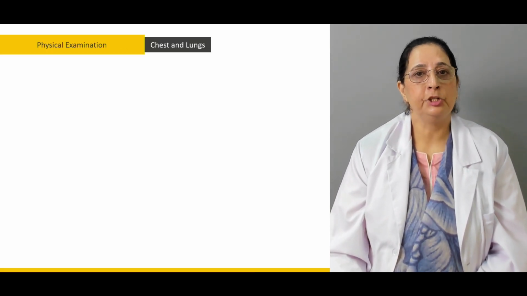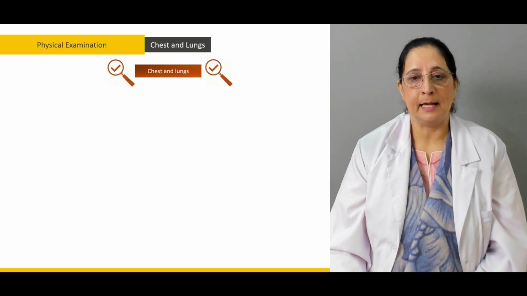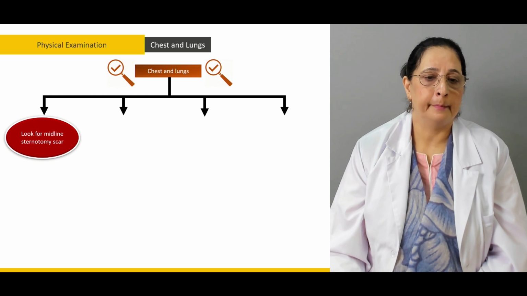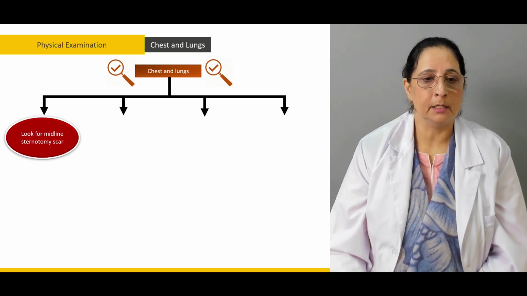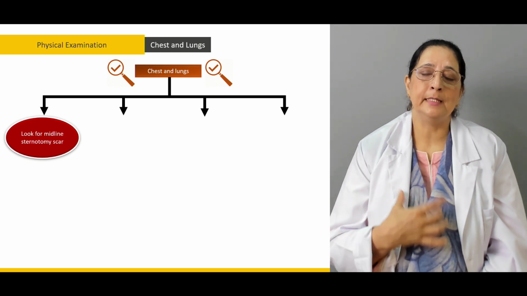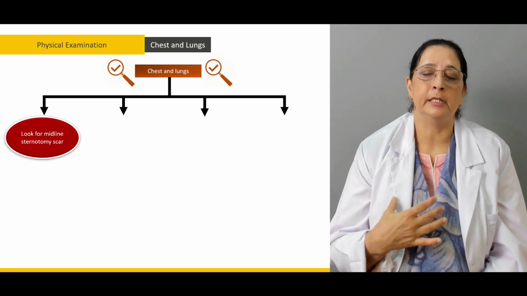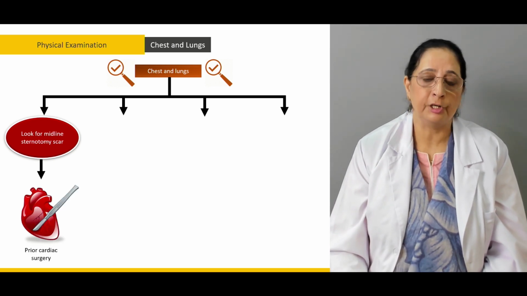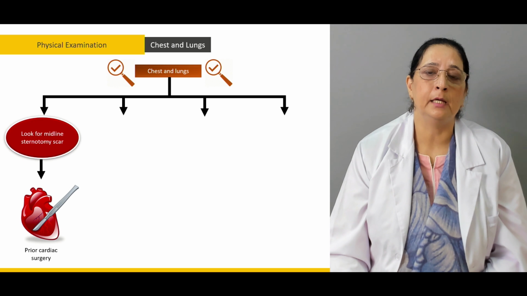Also examination of the chest and lungs, which will be to look for the sternotomy scar. Look for any scar if it's present on the chest that gives the idea of any previous surgeries performed on the heart.